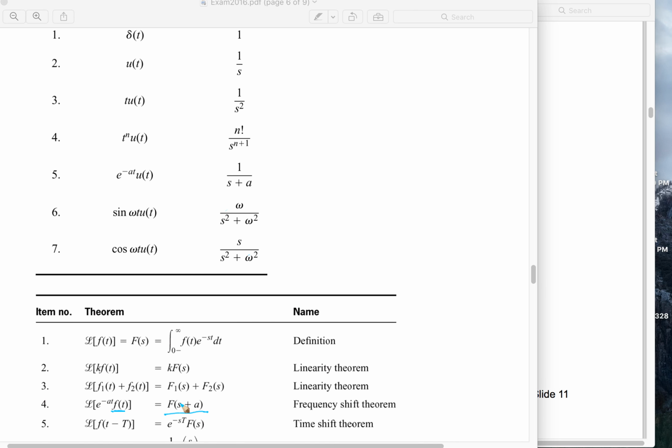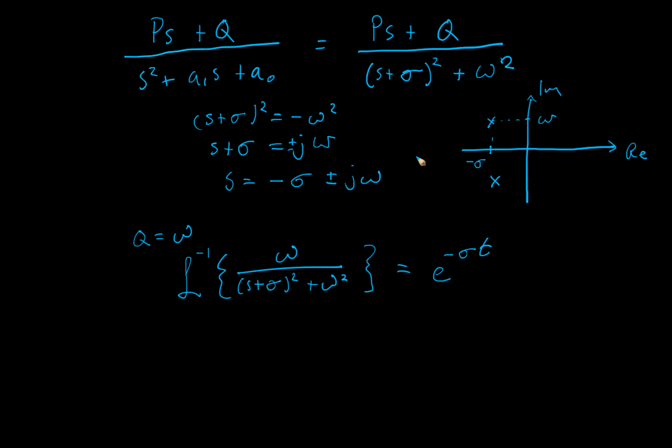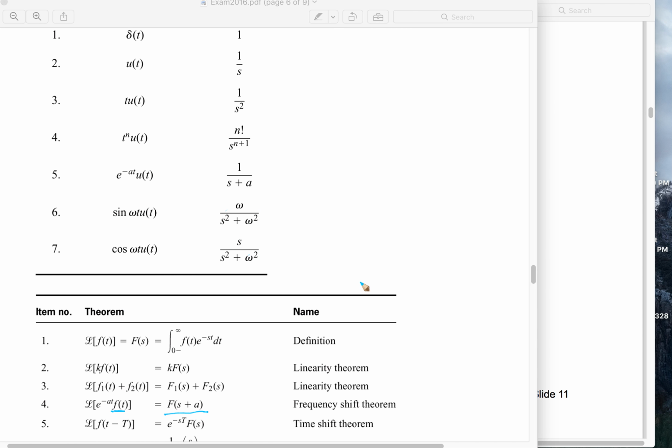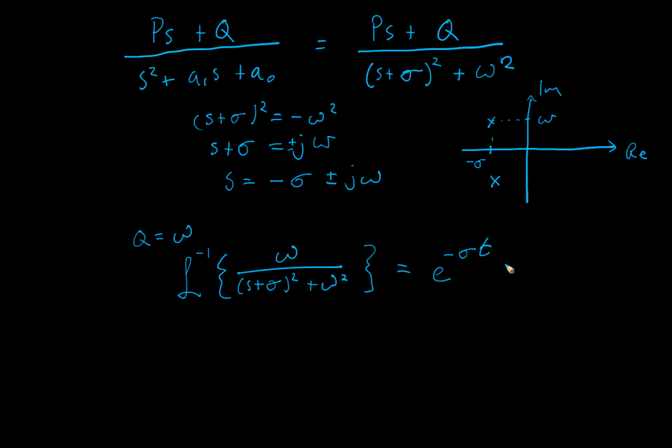And so in our case, if we just had F of s here, we would have s squared plus omega squared, and the inverse Laplace transform of that is sine omega t. So this is going to be sine omega t.